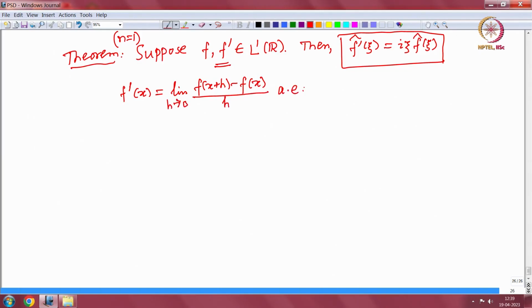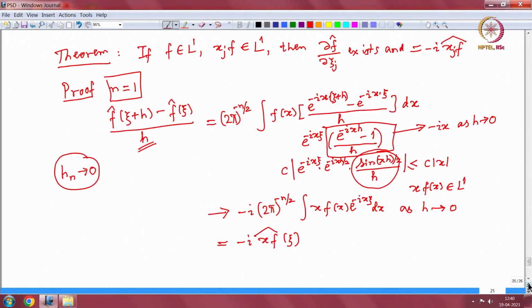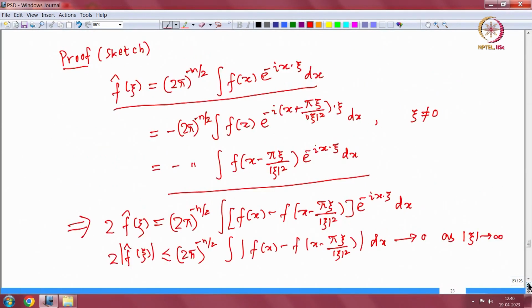So, essentially if you look at the definition of the Fourier transform, it is here. If I want to replace f by f prime, essentially I want to integrate by parts, and that is in the whole domain.